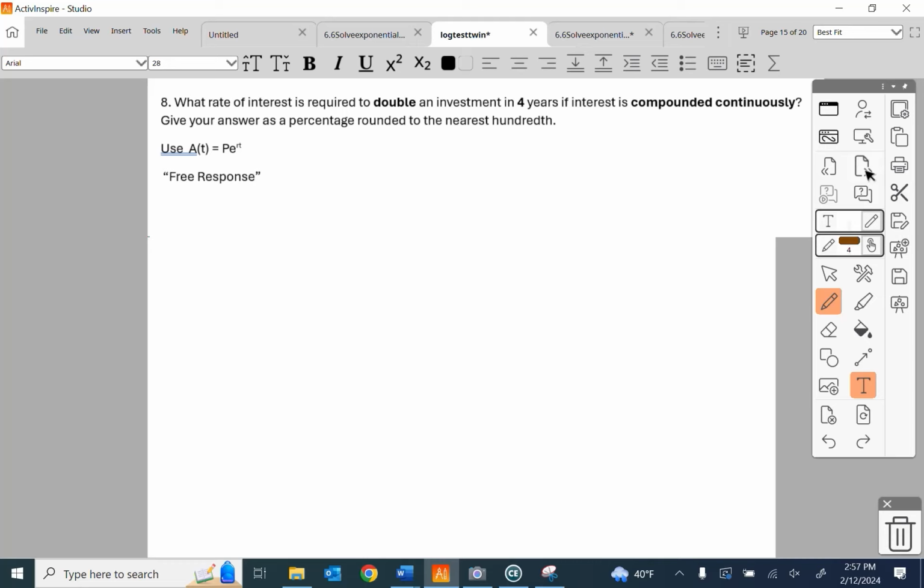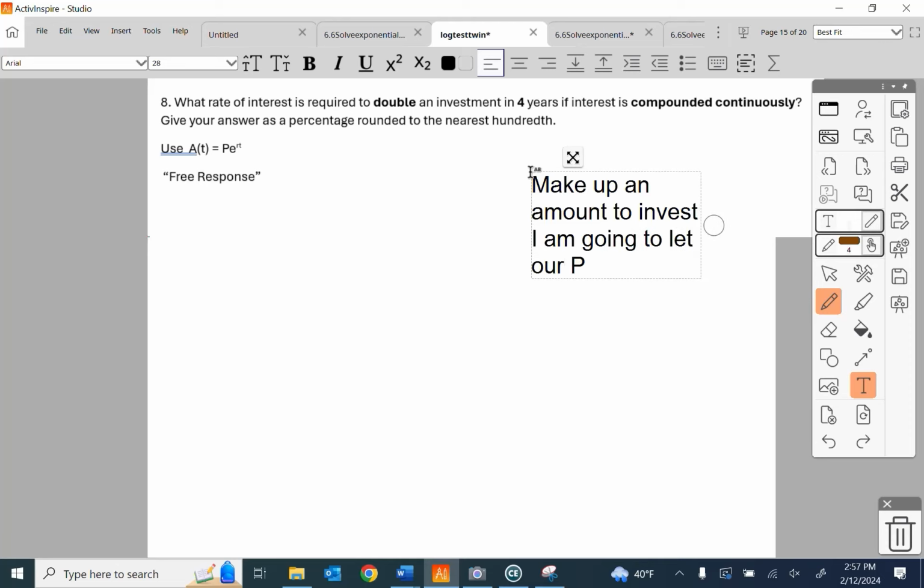What you have to do is make up an amount to invest, and we call that our principal. So I am going to let our principal be 1. It talks about doubling.